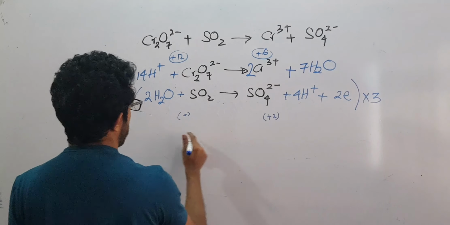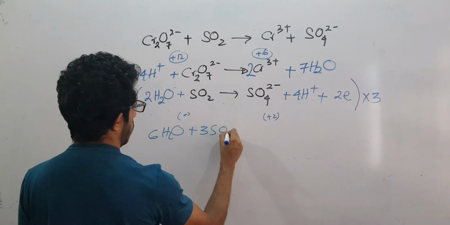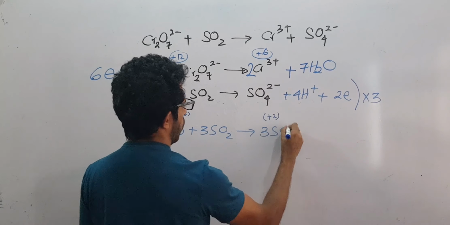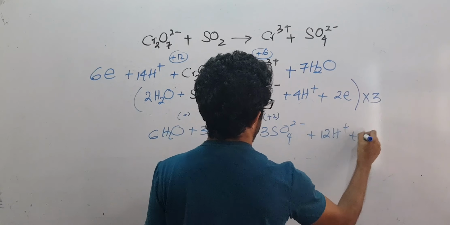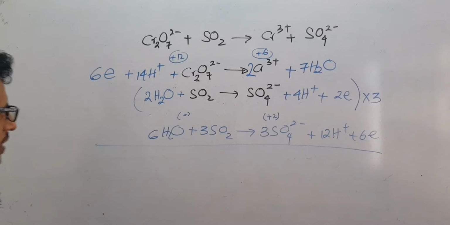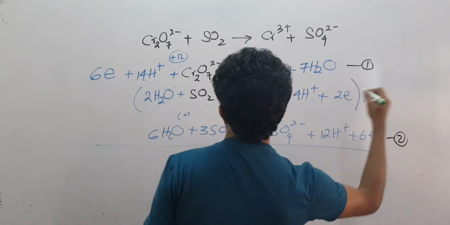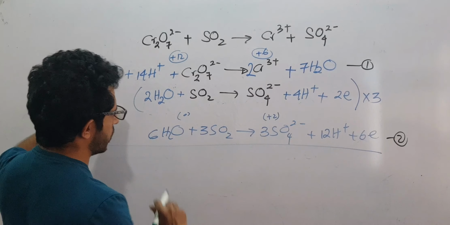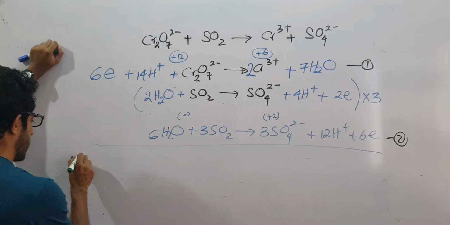If I multiply this by 3, I'll get 6H2O plus 3SO2 gives 3SO4 2 minus, 12H plus and 6 electrons. Then in order to get the balanced reaction, I have to add this reaction and this reaction. I am not going to write electrons because they are already cancelled out, but I write the H plus and show you how those get cancelled off.